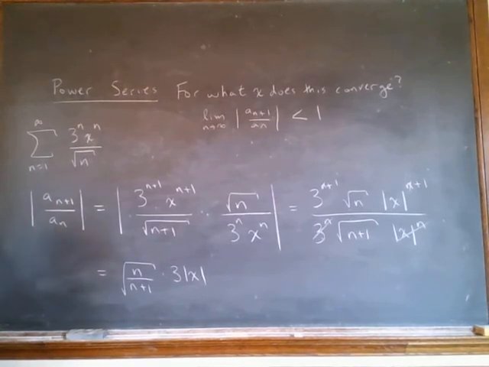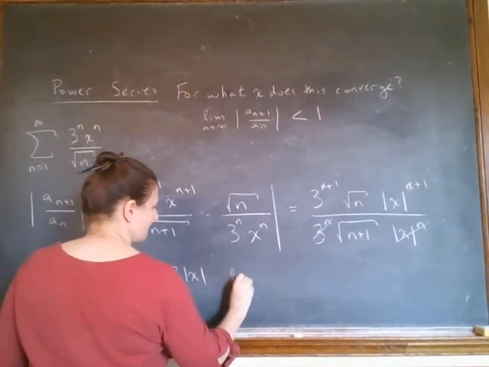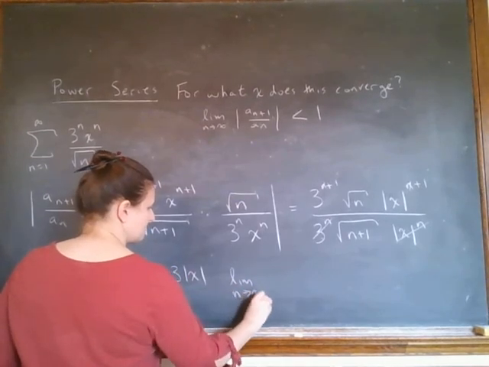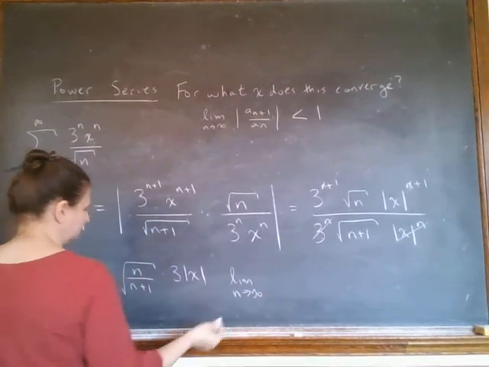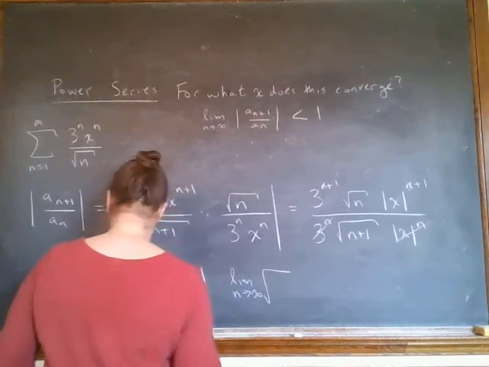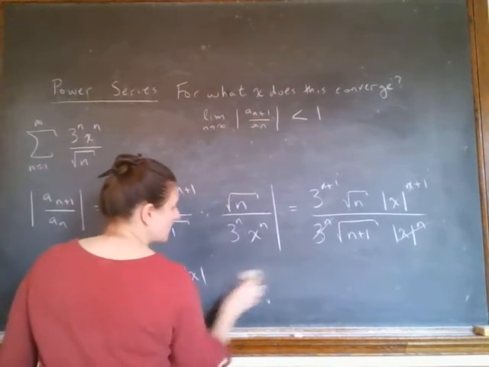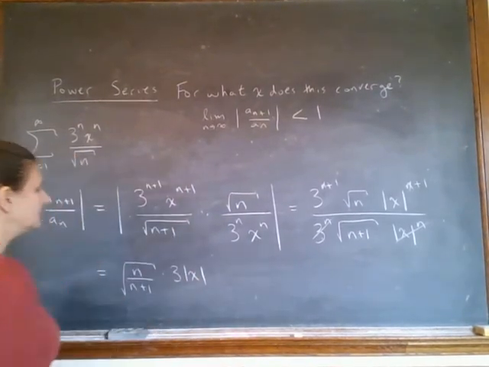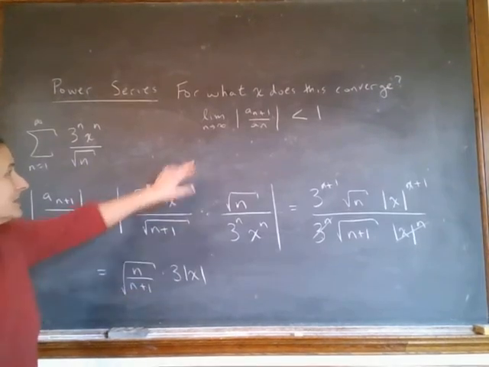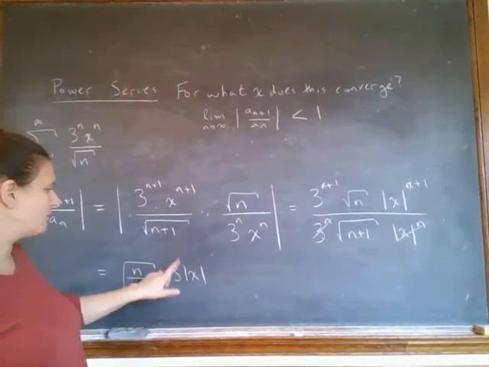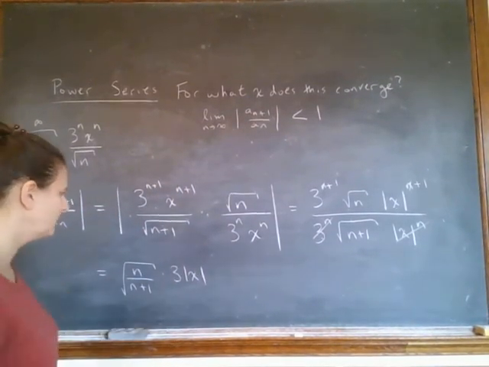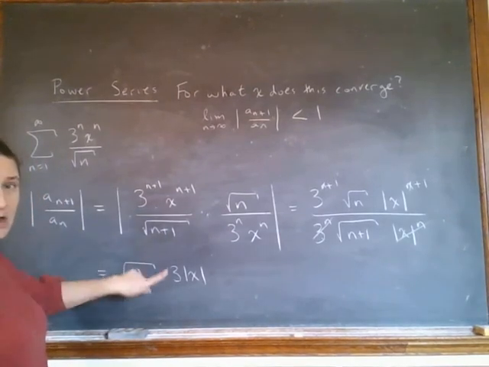Okay, so then what happens? Now I have to take the limit of this. I don't have a lot of space. When I take the limit as n goes to infinity, the 3 and the absolute value of x don't do anything, right? This is what I'm taking the limit of.